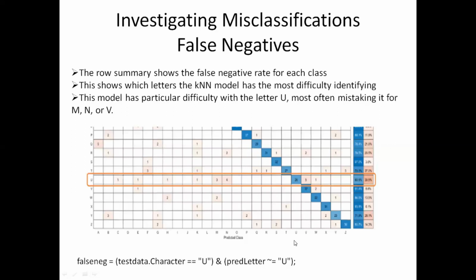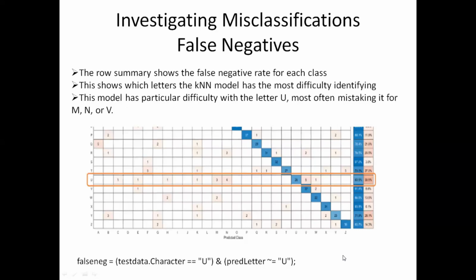We will collect the values for which the test data character is equal to U, but the predicted letter is not equal to U. That means the alphabet is actually a U, but the prediction is something else. That gives us a list of indices where the letter U has been misclassified, and I am storing it in the variable named false negative.